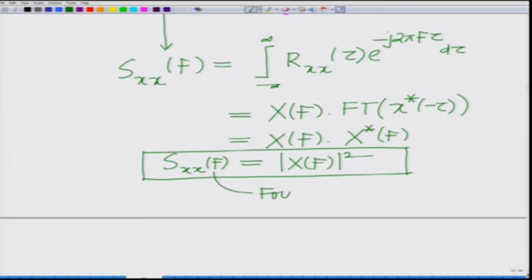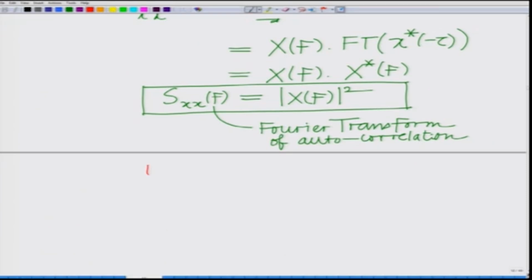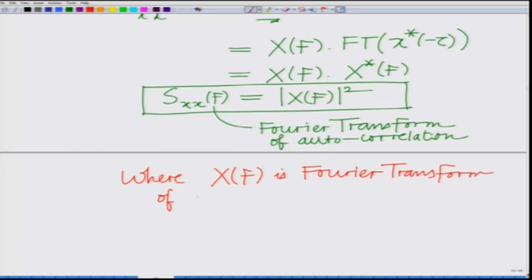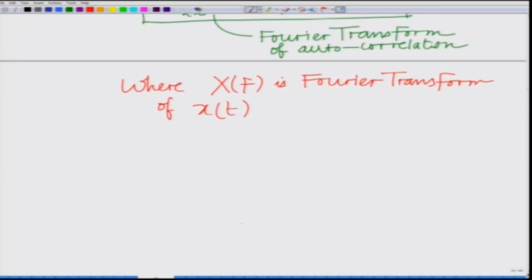That is also important to keep in mind: x(t) and X(f) form a Fourier transform pair. This Sxx(f) has a name which we will come to shortly.